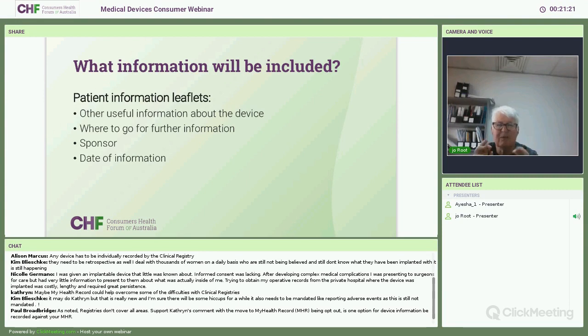Something that just triggers people to say, this is important, this is in permanently, this is something I need to find out more about. And we need the health professionals who are advocating these implantable devices to take some of the responsibility to work with consumers to help them be more health literate on these issues.